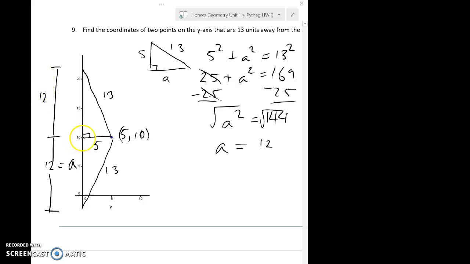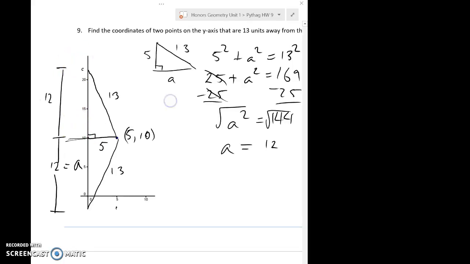If I knew that this was already at 10 right here, that means that I'm going 12 up, which means at this point up here, we already know that the x value is 0, so the y value is 12 plus 10, which gives us 22. Down here, we know that it's at 10. Here, we go down 12, so we're at 0, negative 12. And those will be our two answers. So 0, 22, and 0, negative 12. And that's how you work it out. Good luck.